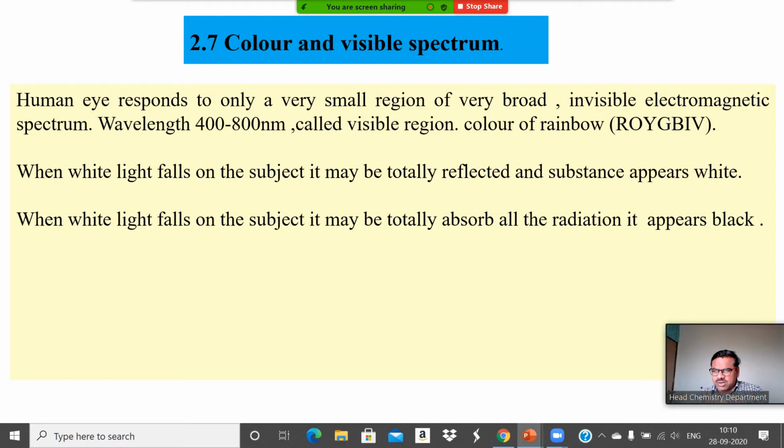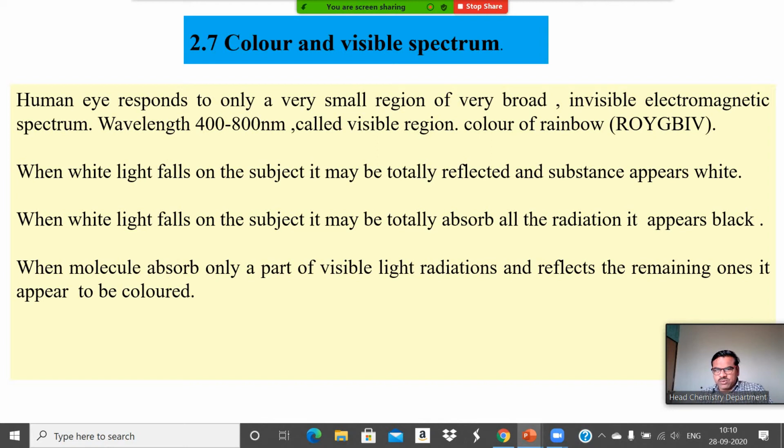Once heat is absorbed, definitely the object becomes hot. Therefore white clothes are suitable in the summer season, while black clothes are not suitable. Now see the next.